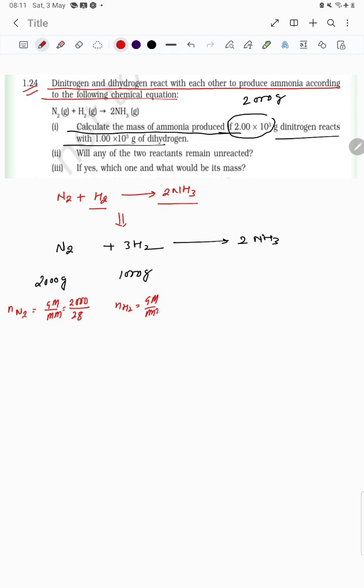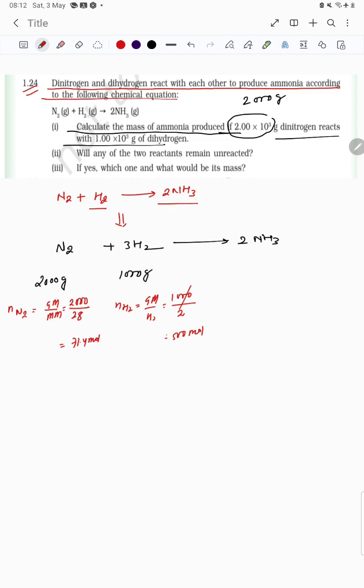Molar mass of H2 is 2, and gram mass is 1000. So dear student, you can divide: 2000 by 28 is 71.4 mole, and 1000 by 2 is 500 mole.